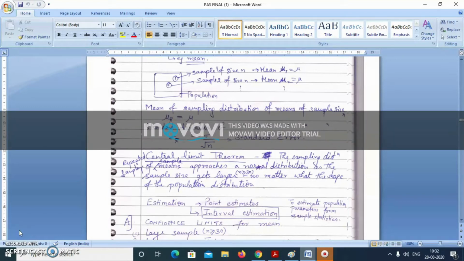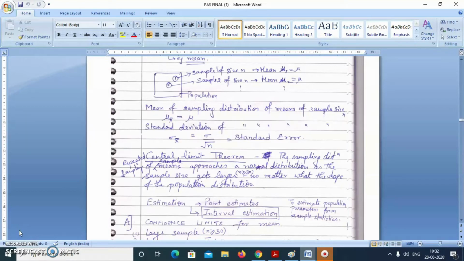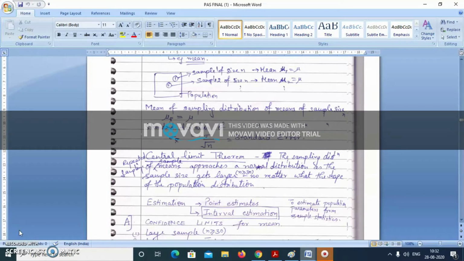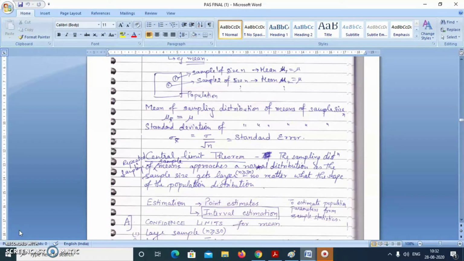What the central limit theorem says is that if there is a population which is not normally distributed, even if that population is not normally distributed, and we take repeated sampling, if n is greater than or equal to 30, around 30 samples we are taking from that population, and we take the mean of those 30 samples, so we'll get 30 means.